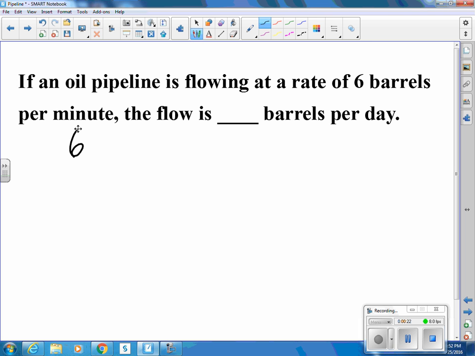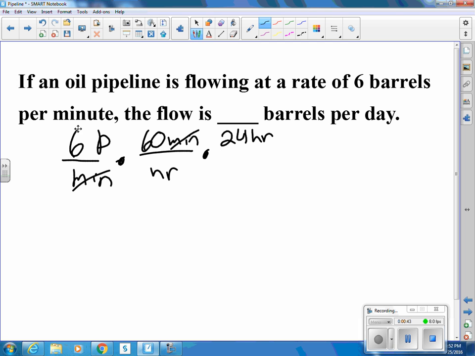So 6 barrels per minute, and there are 60 minutes per hour. So 6 times 60 barrels per hour. But they want barrels per day, and there are 24 hours per day.